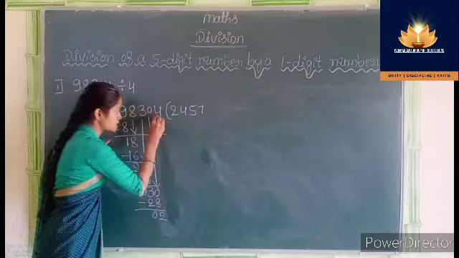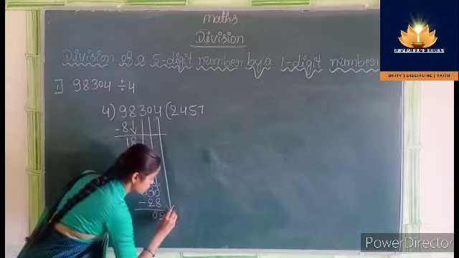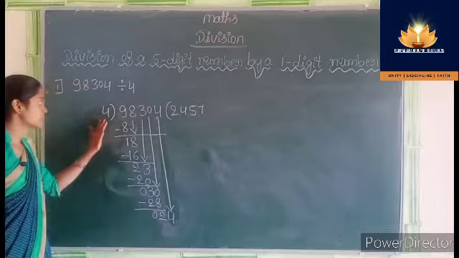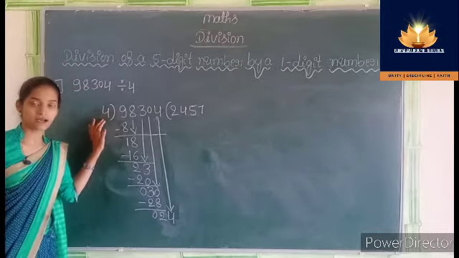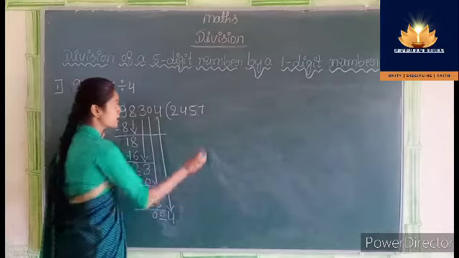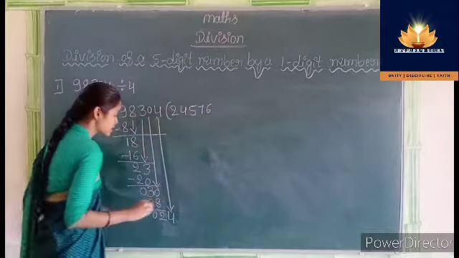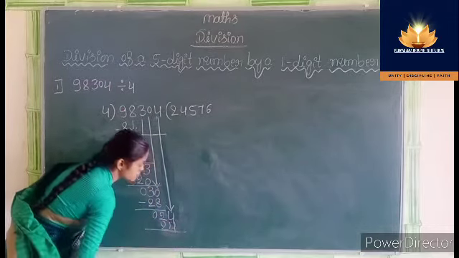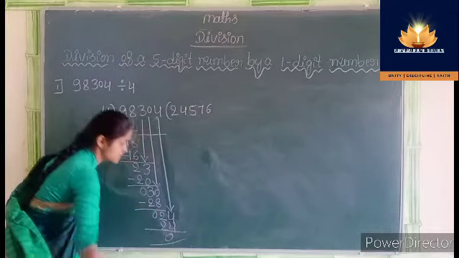Then bring down this 4. This 24 is exactly divisible by this 4 sixes are 24. 6 should be written in the quotient place. Then write 24. 24 minus 24, that is 0.